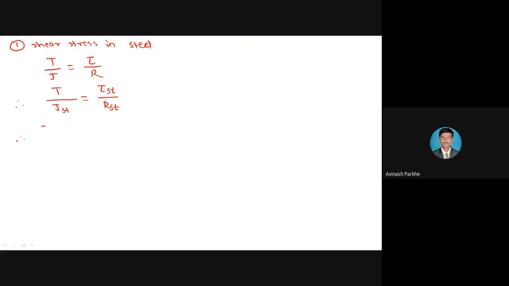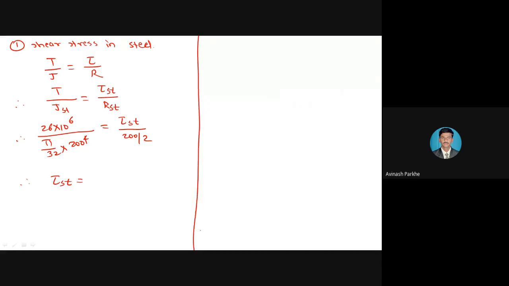So T is 26 into 10 raised to 6, J is pi by 32 into d raised to 4. What is the diameter for the steel? That is 200 raised to 4. Tau of steel we have to calculate, and R of steel means 200 divided by 2. So you can calculate the tau of steel.